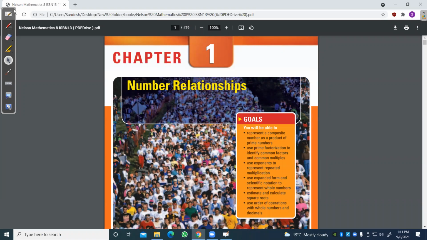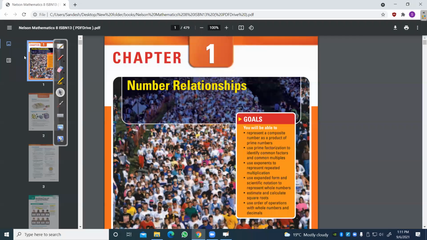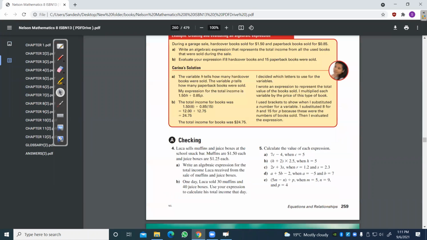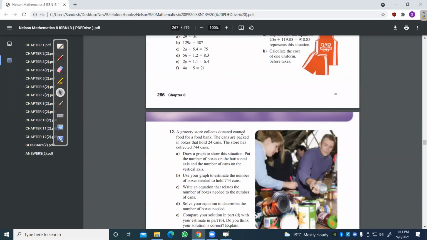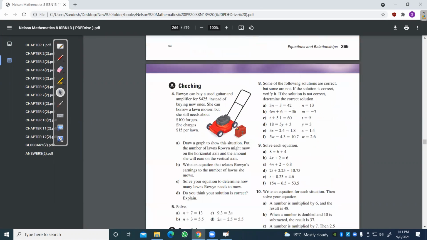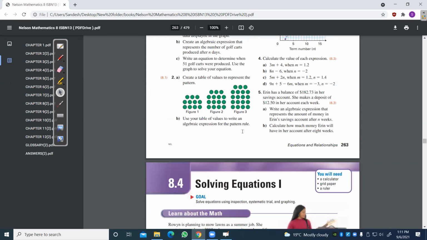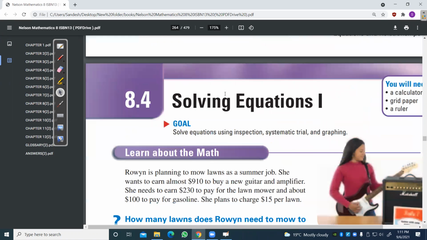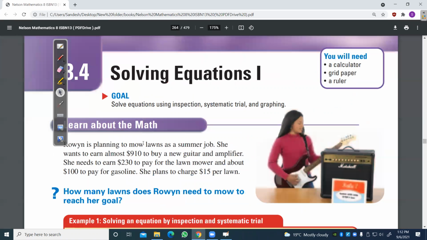Again, the idea behind linear is very simple. It's harder when they give you word problems. Here, let's look at this.